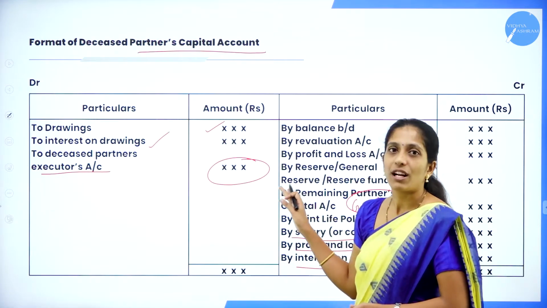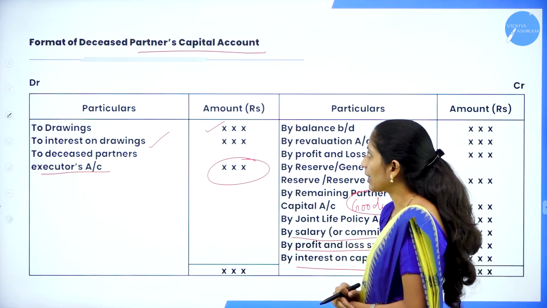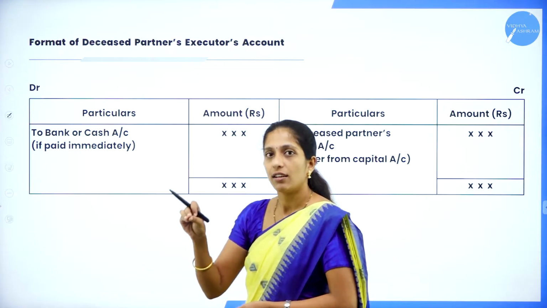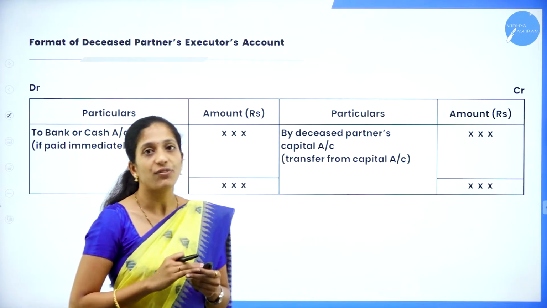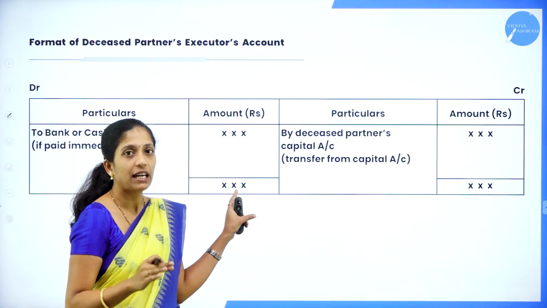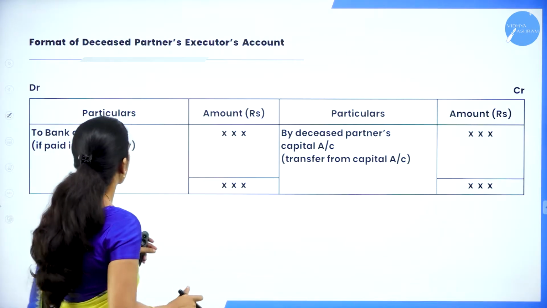So this is the format of the deceased partner's capital account. Now, whatever amount has to be paid or transferred to the executor, for that reason we have to prepare the deceased partner's executor's account.